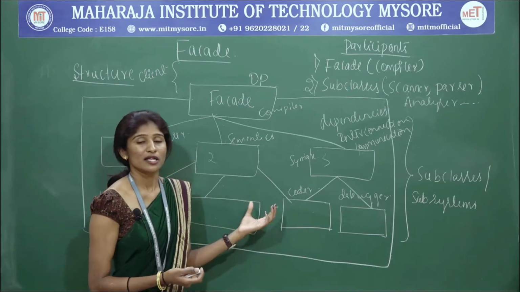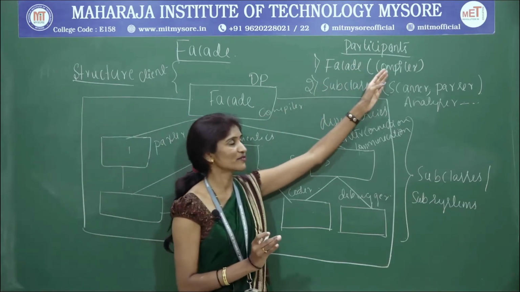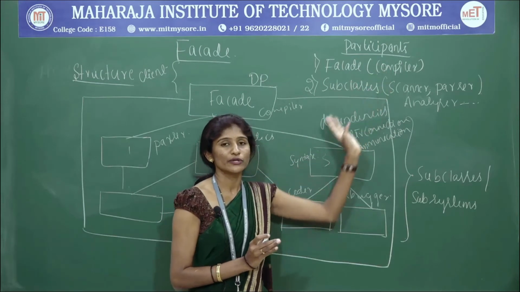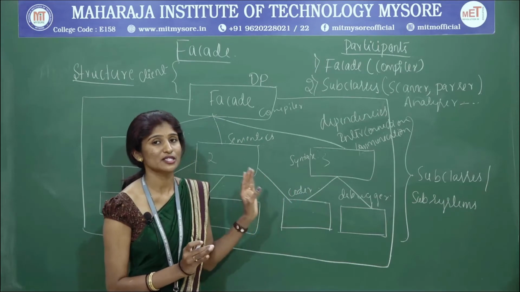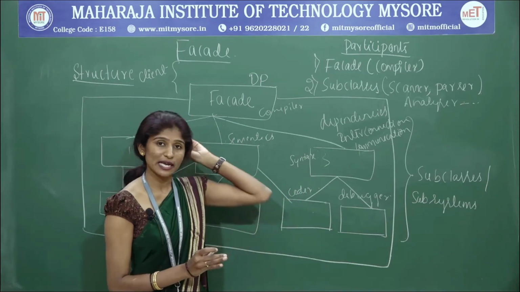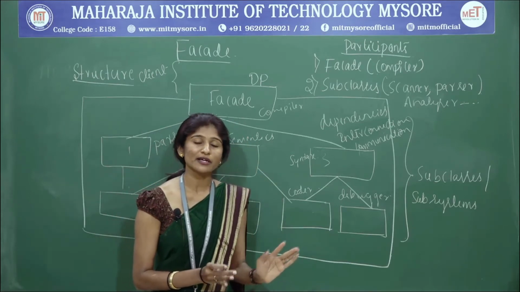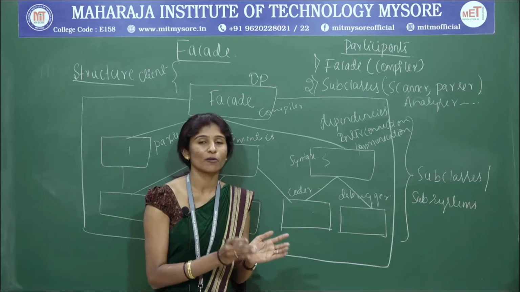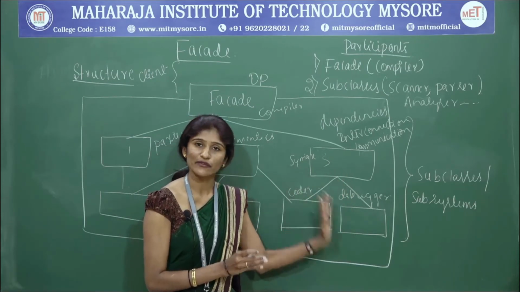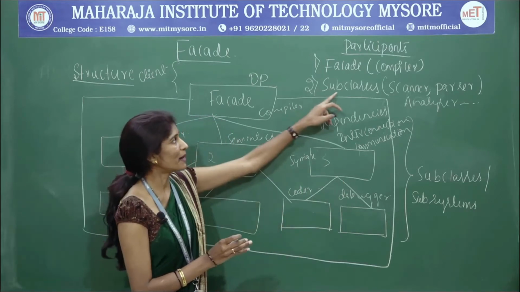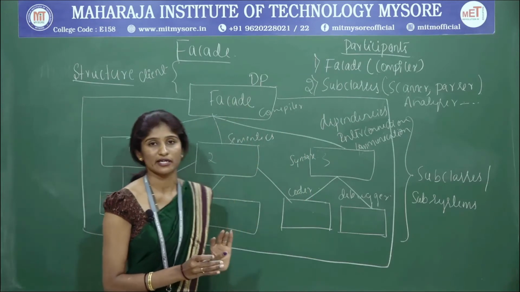They will just do the work assigned by the facade object, that is, the compiler object will be created, and that object is going to assign the work to the subsystems. Who is going to assign this work initially? That is the client. The client is going to assign the work to a compiler, and that compiler is going to assign the specific operation to the specific subsystem intended to do that particular work. So these are the two participants that we can study in the structure of the facade design pattern.